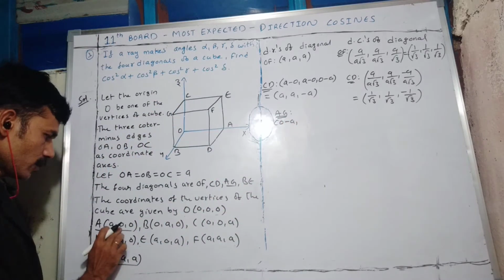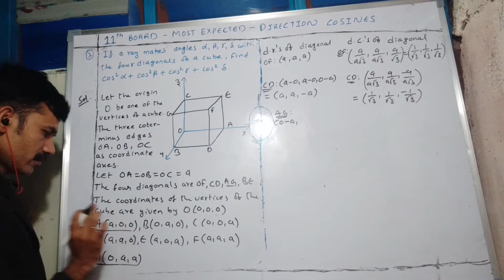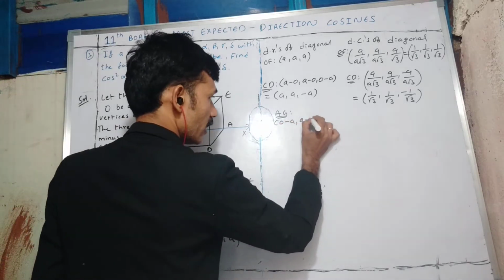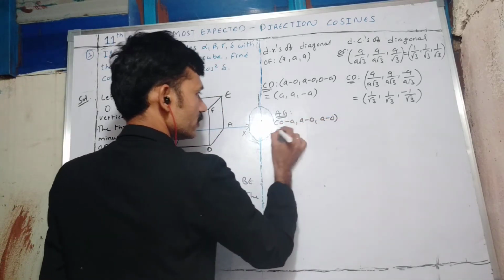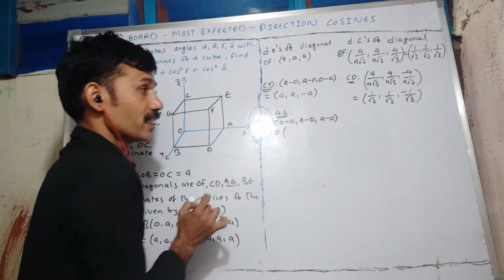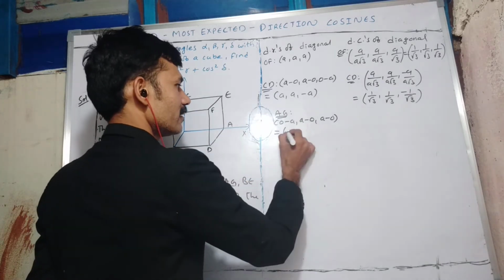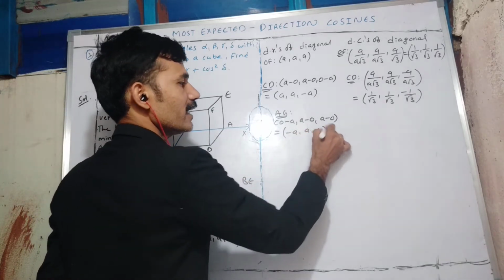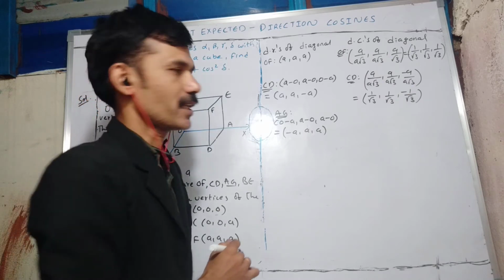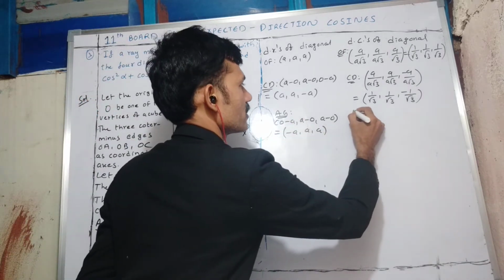Next Y2 minus Y1, A minus 0. A minus 0. A minus 0. Therefore, the direction ratios of AG are minus A, A and A. Okay. Now we'll find the direction cosines.